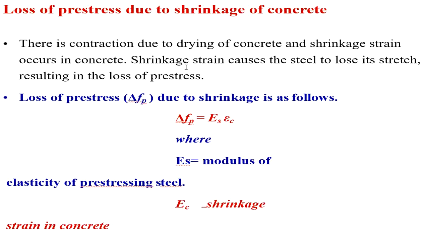This can be calculated as: the loss of prestress due to shrinkage is equal to Young's modulus of steel multiplied by the shrinkage strain of concrete, where Es is the Young's modulus of pre-stressing steel and Ec is the shrinkage strain in concrete.